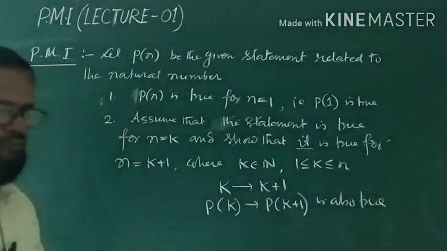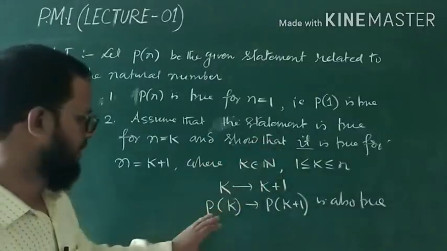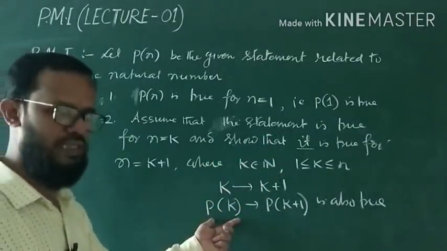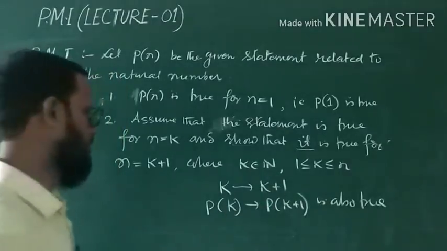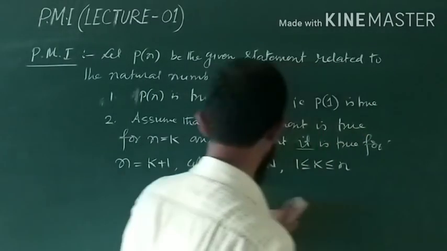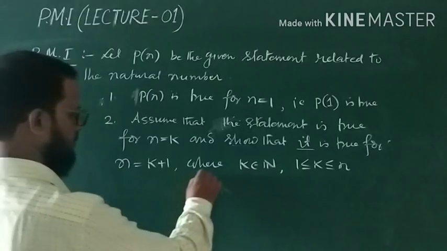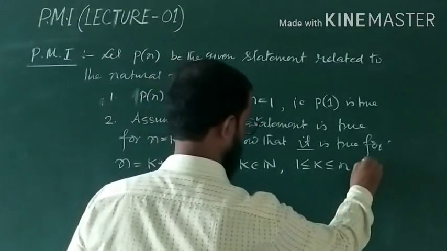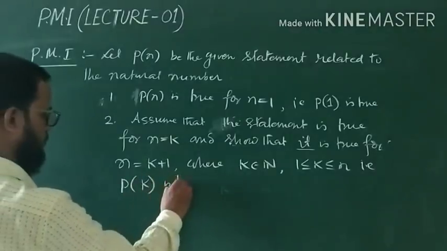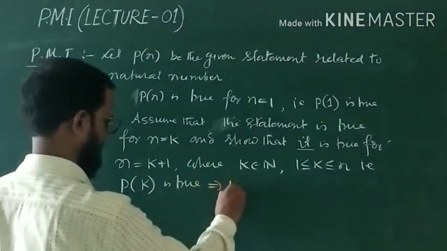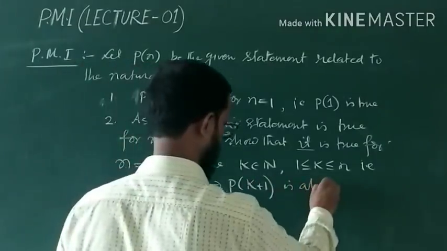Suppose that it is true for k, then from here if we prove it for k plus 1, that means if we suppose Pk is true, then from here we can prove that Pk plus 1 is also true. Then what does the principle of mathematical induction say? For n equal to k plus 1, you write: Pk is true implies Pk plus 1 is also true.